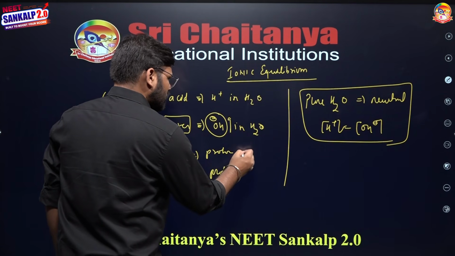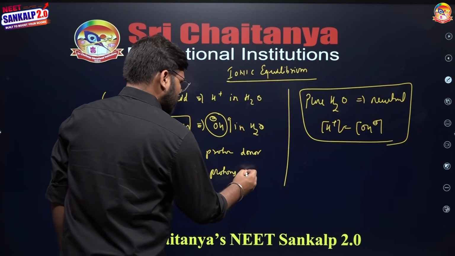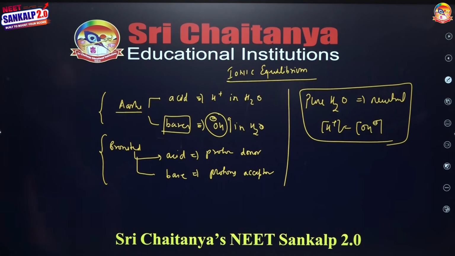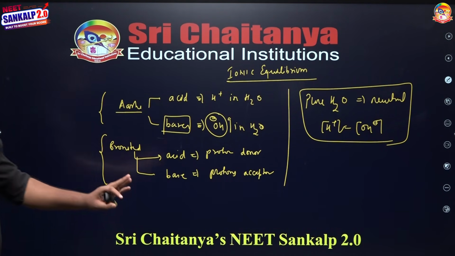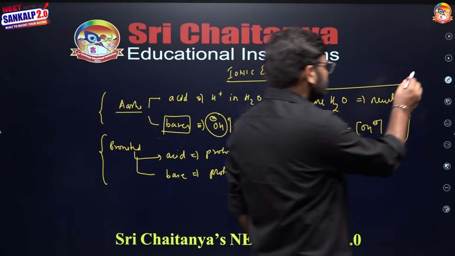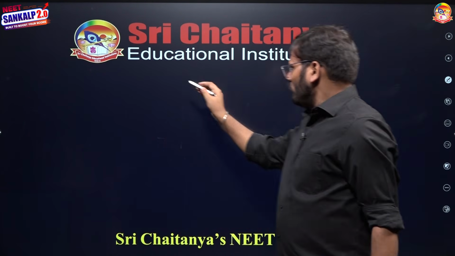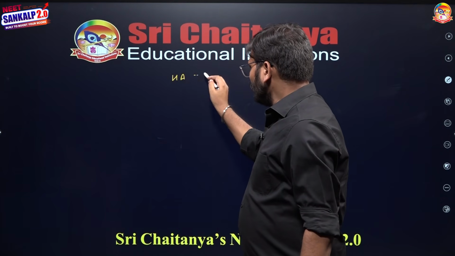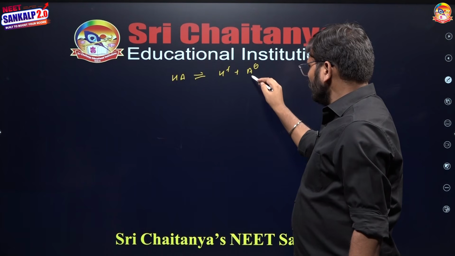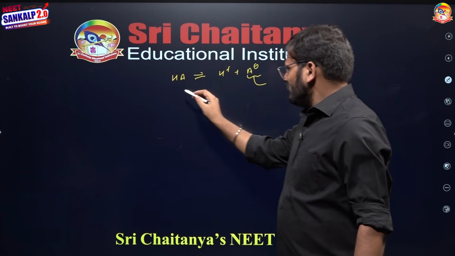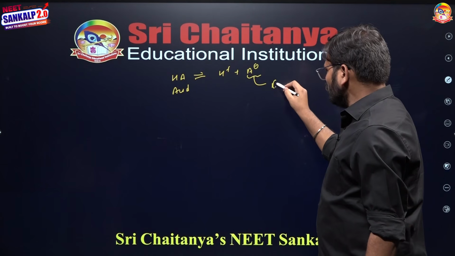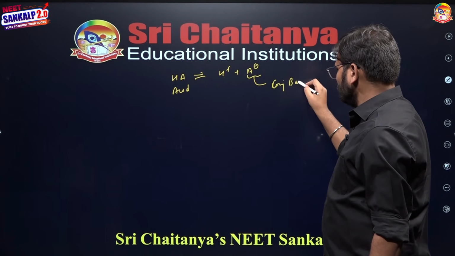These are proton donors and proton acceptors. In Bronsted theory we define conjugate acid and base. For any compound HA, if we write H plus and A minus, since it is providing H plus, this A minus will be known as the conjugate base.